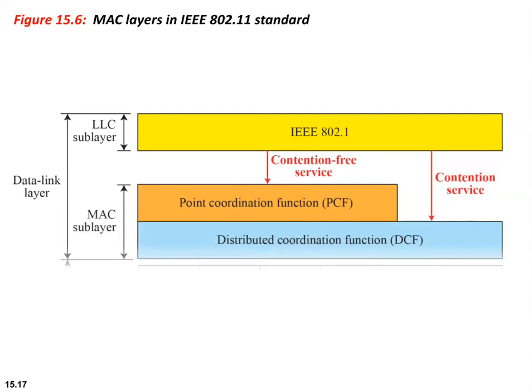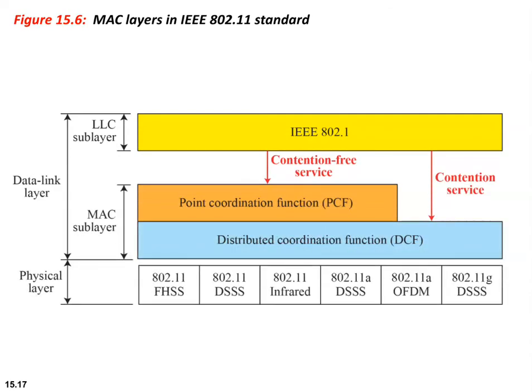So here in the MAC sublayer, we have the point coordination function and the distributed coordination function. The distributed coordination function is a protocol which provides a contention service. Contention is where the different stations are allowed to contend to access the media, and PCF is a contention-free service where the stations need not contend, they will be given higher priority.